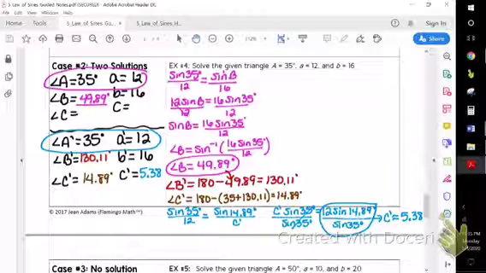So probably the first thing that's going to be the easiest to find is our angle C. So we're going to use those rules of the triangle again. All angles add to be 180. So we know that angle C is going to be 180 minus the other two added together.